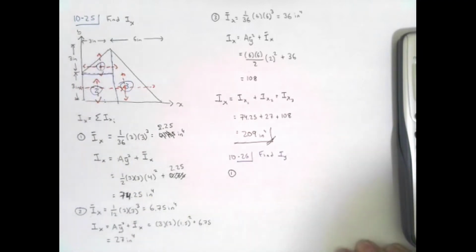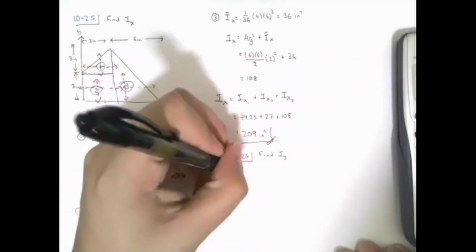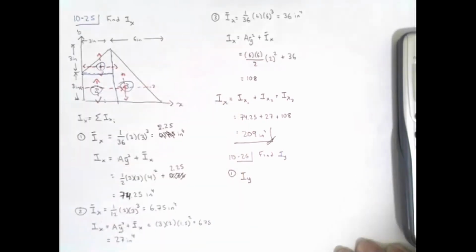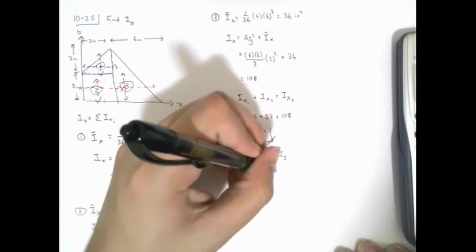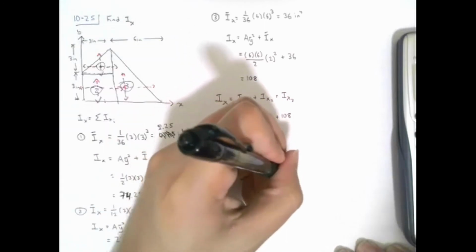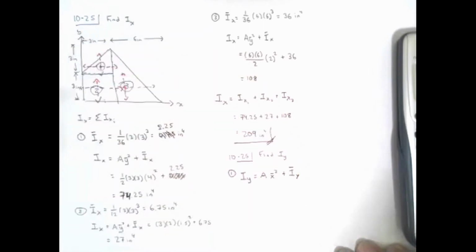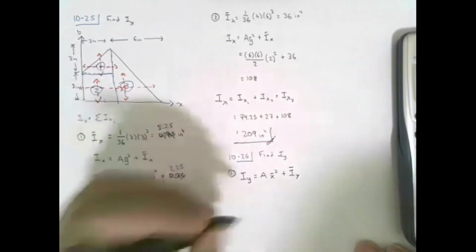For our first triangle, the moment of inertia about the y-axis can be found with the parallel axis theorem. And the parallel axis theorem tells us that the moment of inertia will be equal to the area times the distance to the centroid squared plus the centroidal moment of inertia about the y-axis.